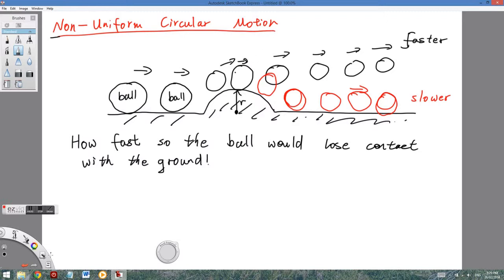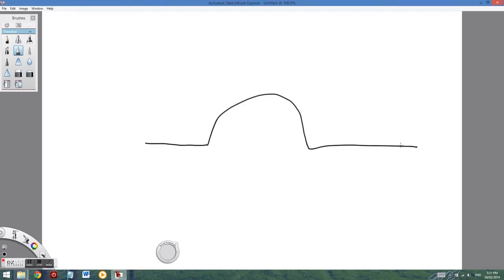Now let's do a detailed analysis of the forces on the ball when it's on the hill. Say I have a hill, and I have a ball here with a mass of m.